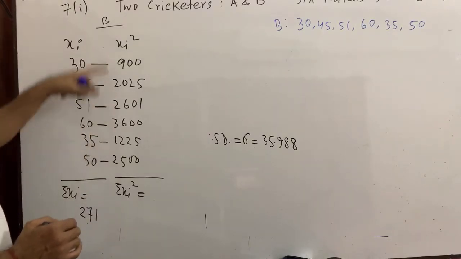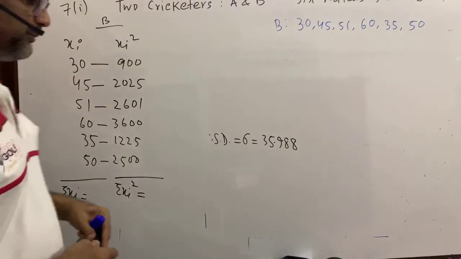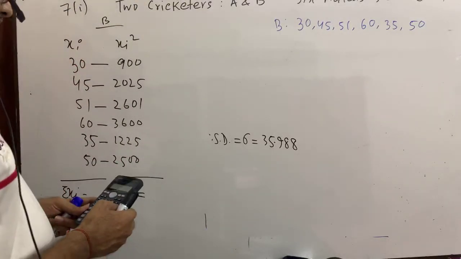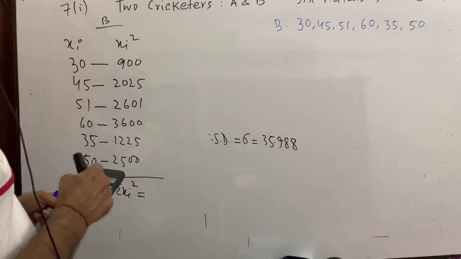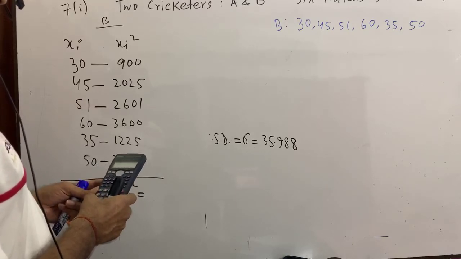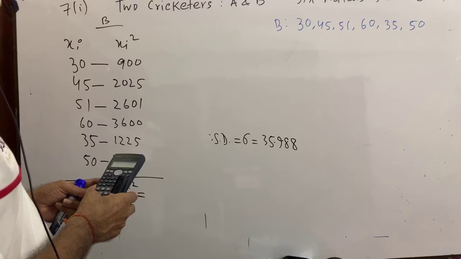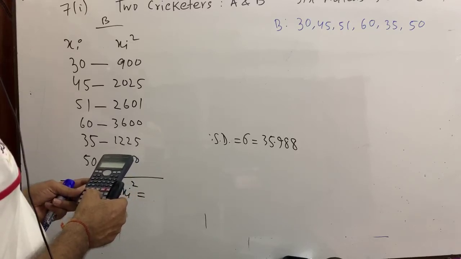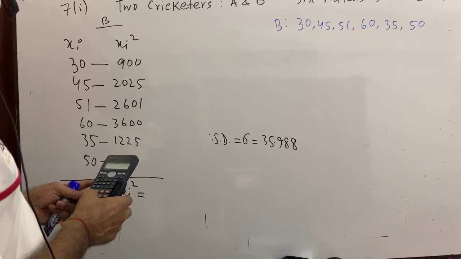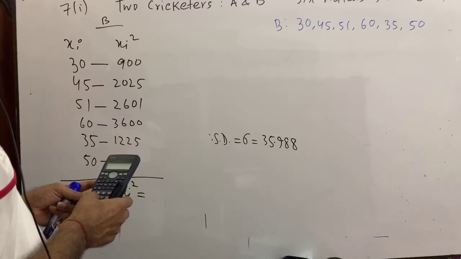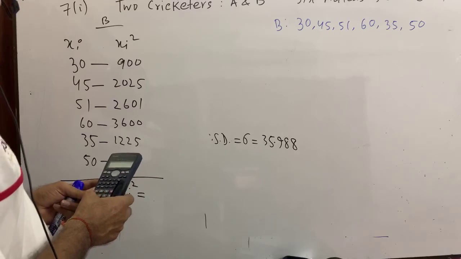Now please calculate all of these: 2601 plus 900 plus 2025 plus 3600 plus 1225 plus 2500.